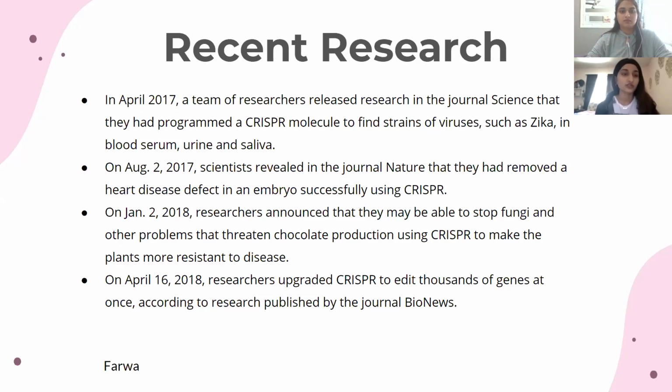On January 2nd, 2018, researchers announced that they might be able to stop fungi and other problems that threaten chocolate production, using CRISPR to make the plants more resistant to disease. On April 16, 2018, researchers upgraded CRISPR to edit thousands of genes at once, according to research published by the journal BioNews.